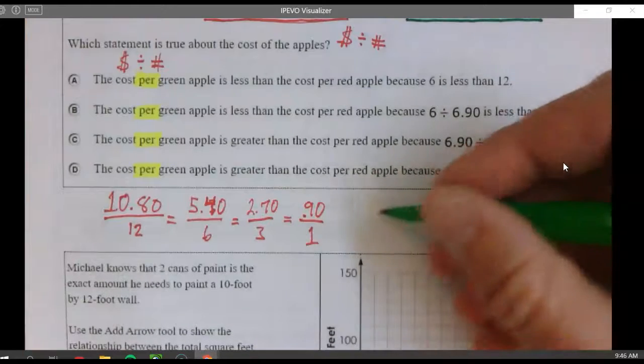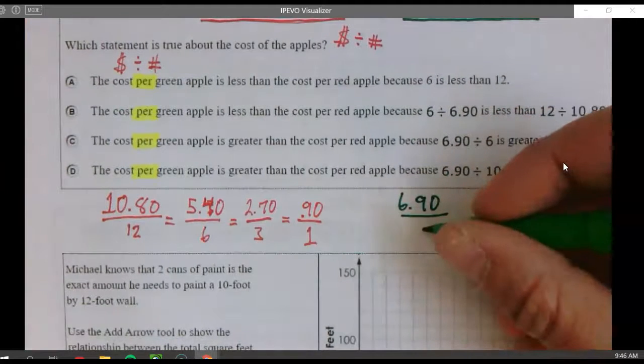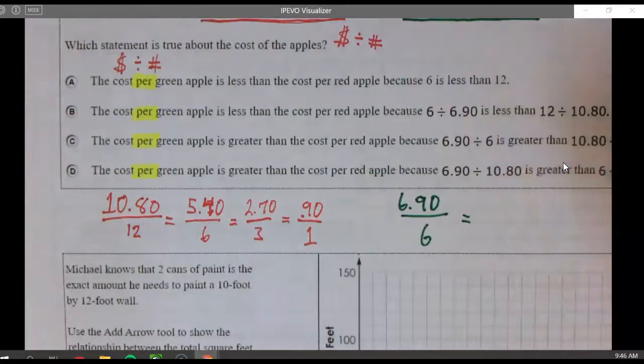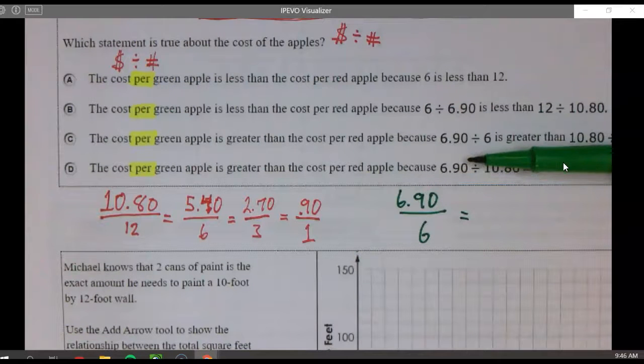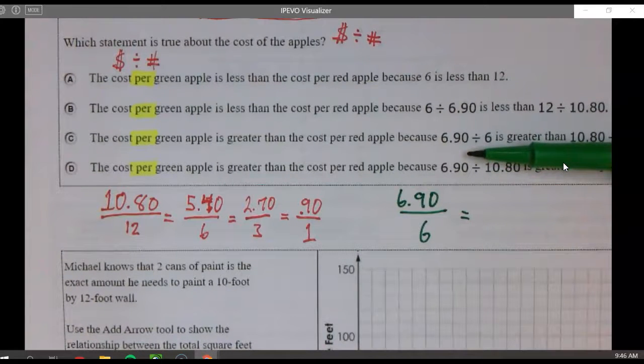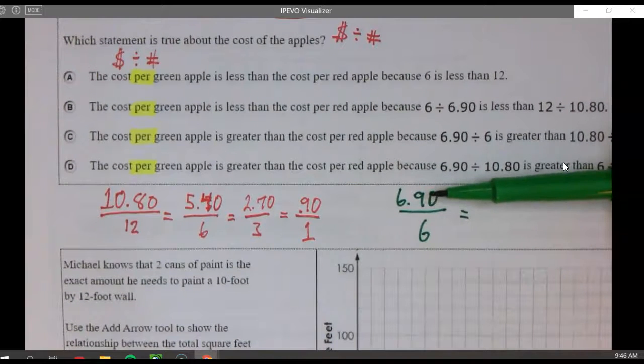So now I need to do that for green. Guys, 690 is tough. That's a complicated thing. But 69 is divisible by 3, and maybe by 6?